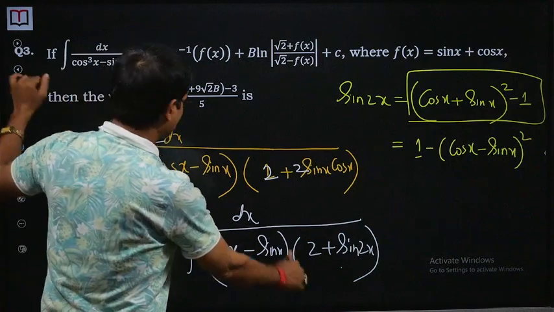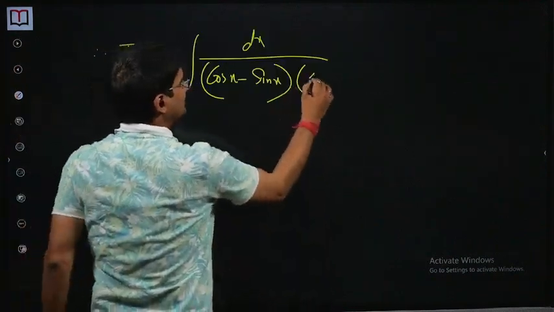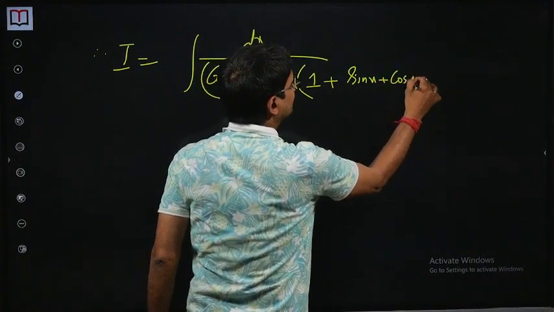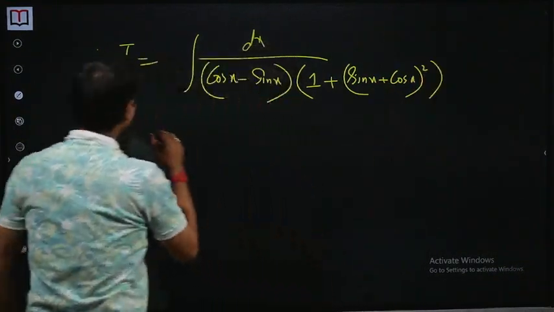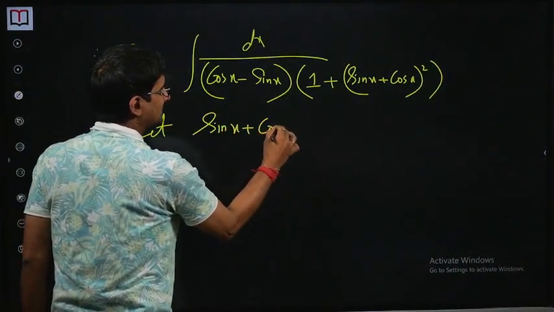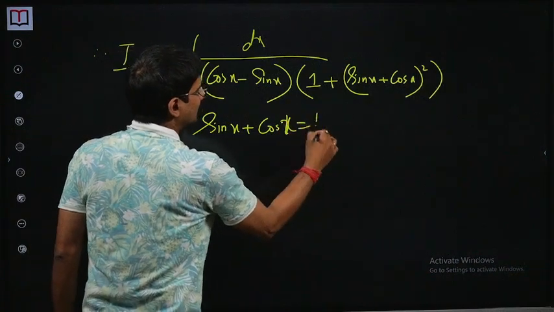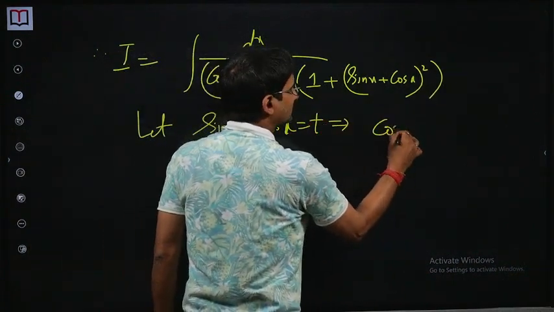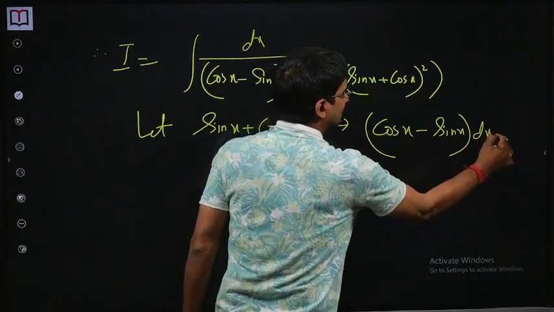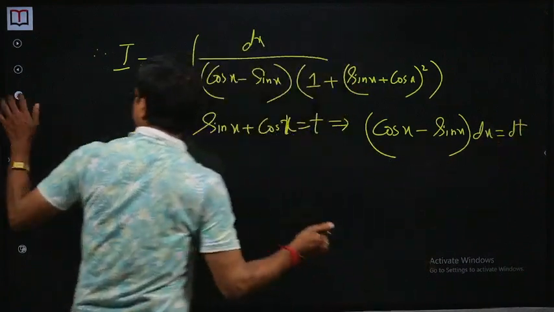So 2 minus 1 is 1 plus (sin x plus cos x) whole square. Now why am I doing it? Because if I replace sin x plus cos x by t, its derivative is cos x minus sin x, dx is dt.